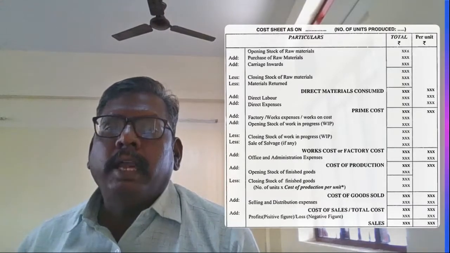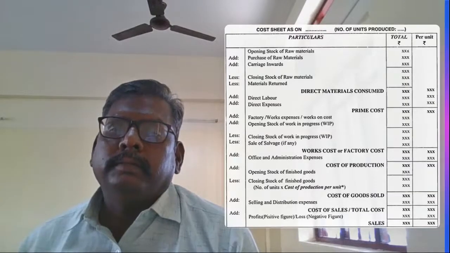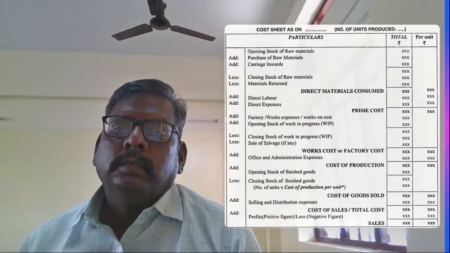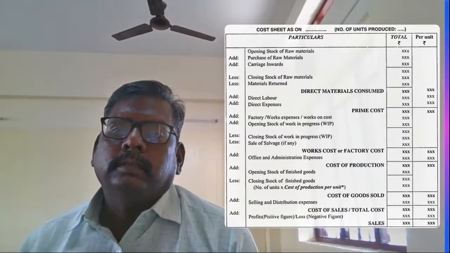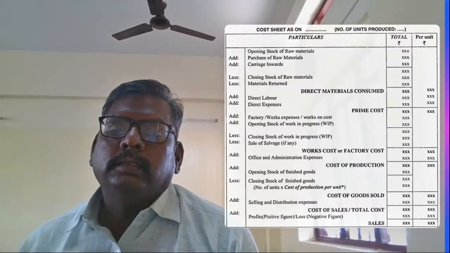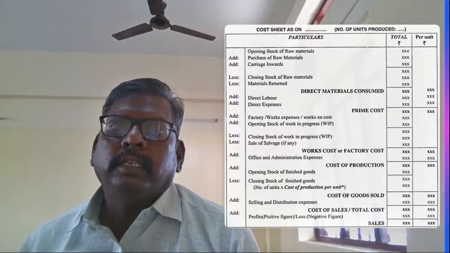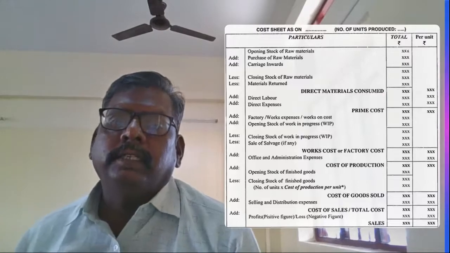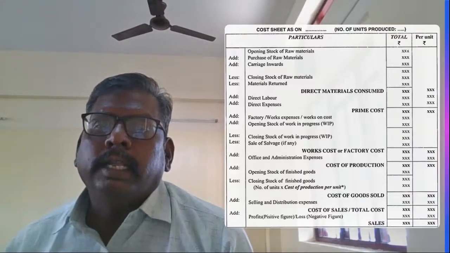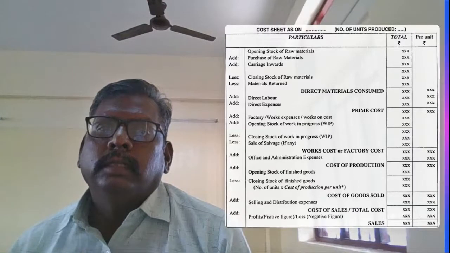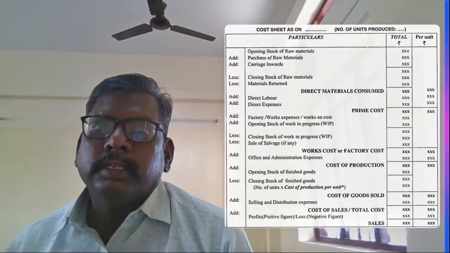Then we have to add the direct labor. Sometimes the laborers are working for manufacturing purposes. They are very important to manufacturing the product in the factory. They come under the category of direct labor cost. Then direct expenses.